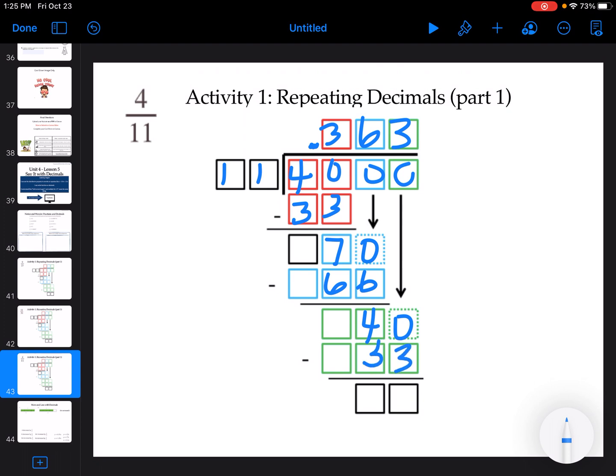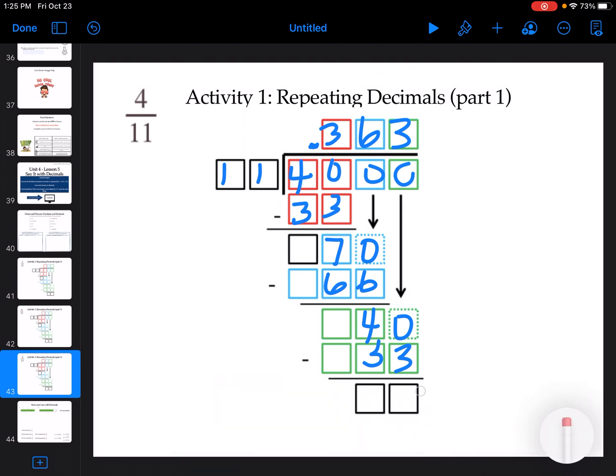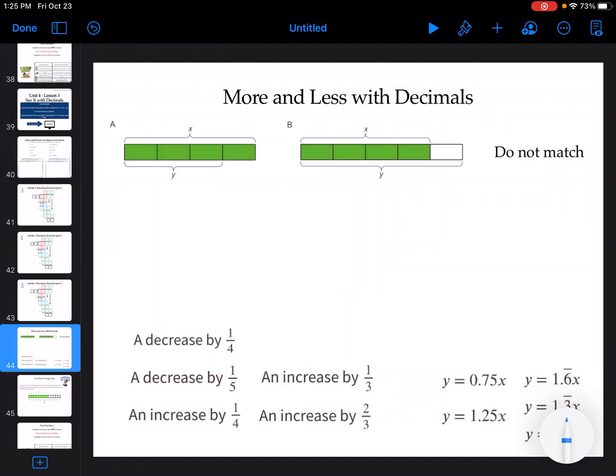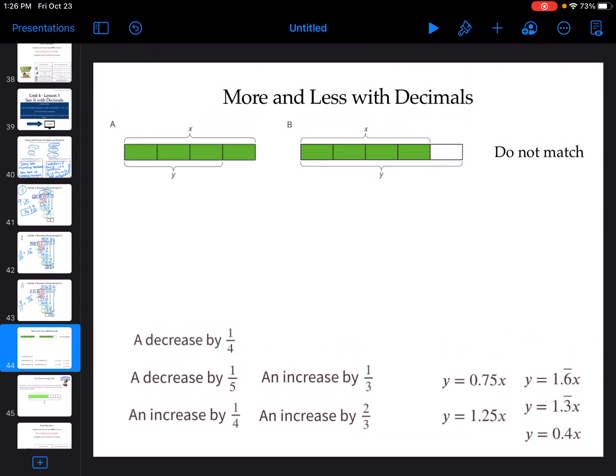I get 33. Oops, so that should be 7. Bring down my 0. It's going to keep happening. So 4/11ths is equal to 0.36 repeating. And my line is over both the 3 and the 6 because it's going to keep going. 3, 6, 3, 6.